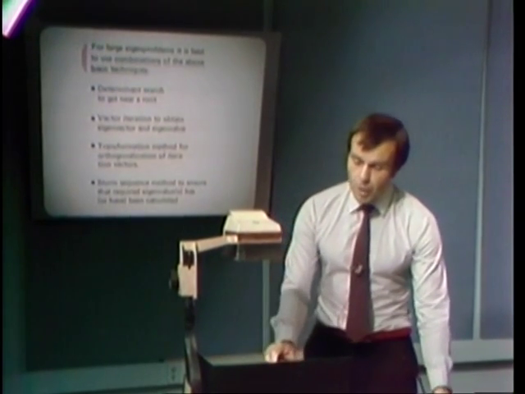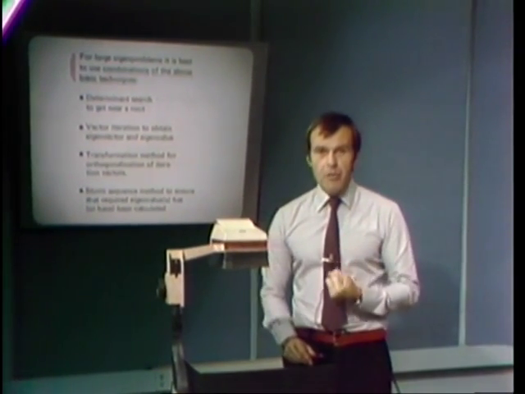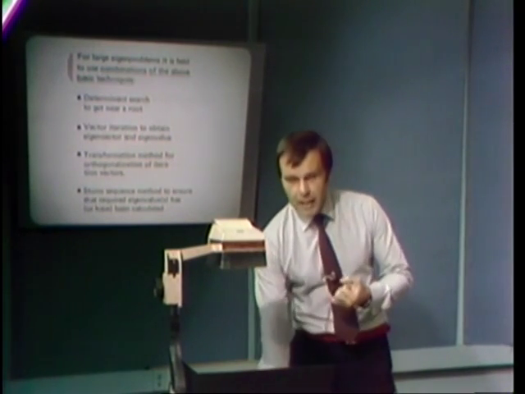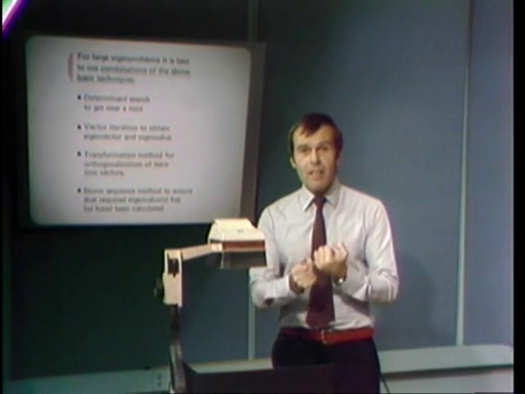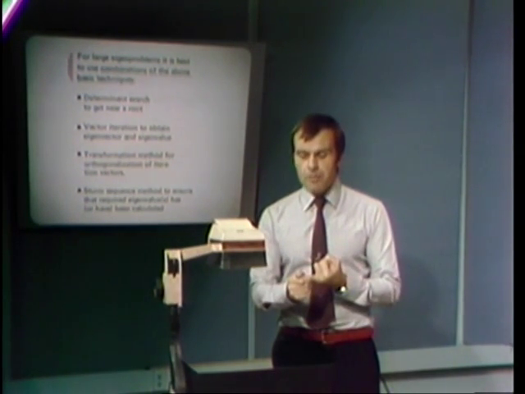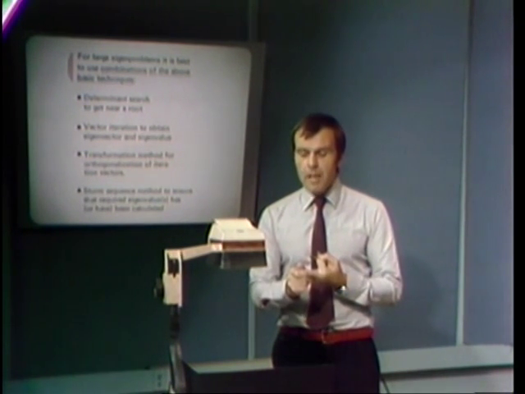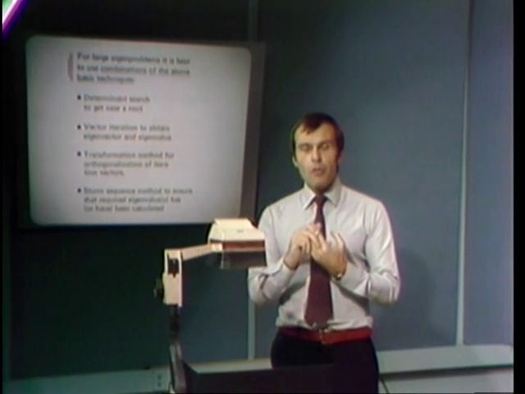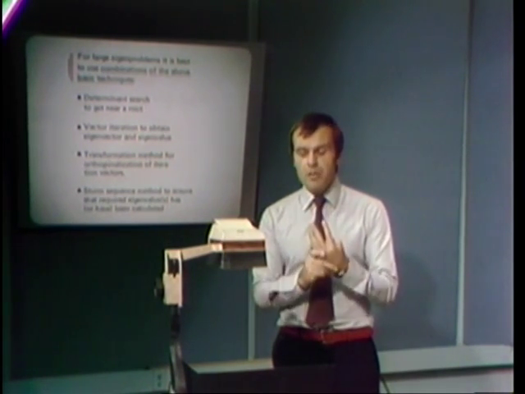For large eigenproblems, it is really best to combine the basic approaches that I just mentioned. Let's recall the basic approaches. There were vector iteration methods. There were Sturm sequence methods. There was the transformation method. And then, of course, there were polynomial iteration methods. So really 4 classes of methods that we're talking about.